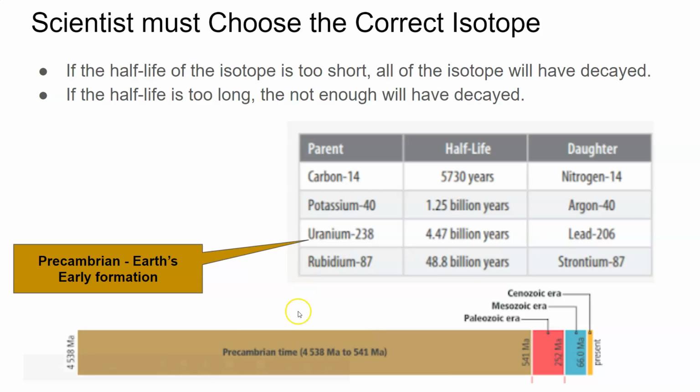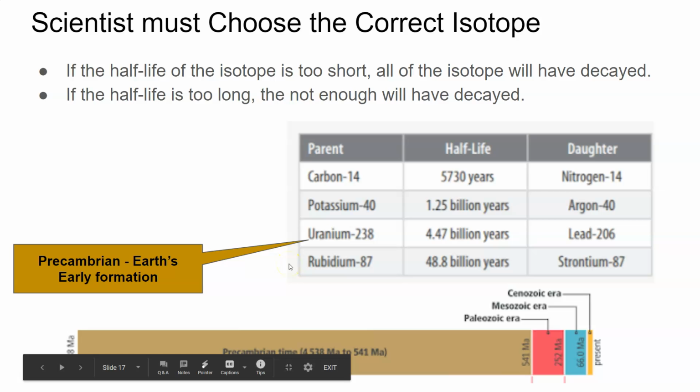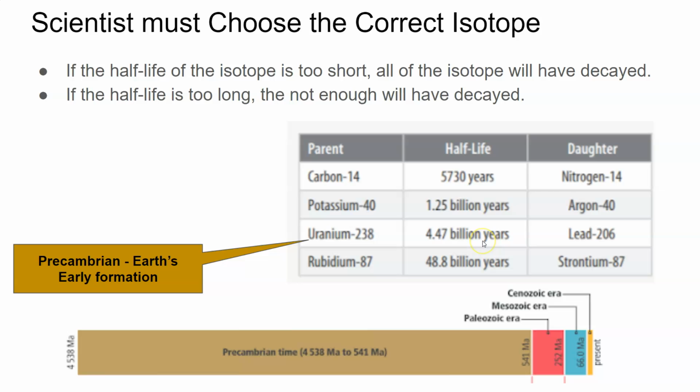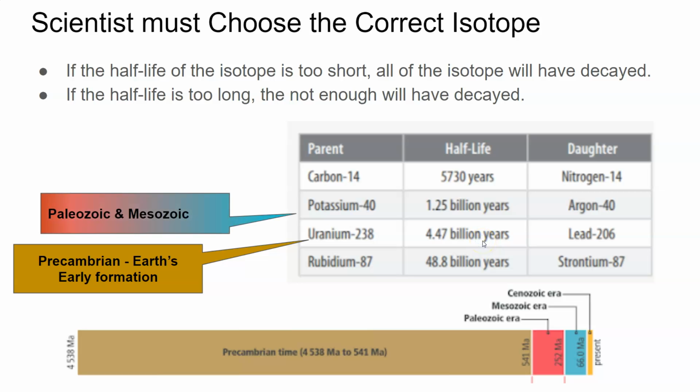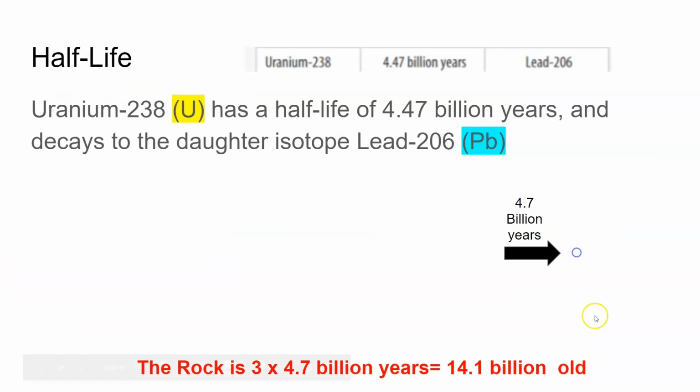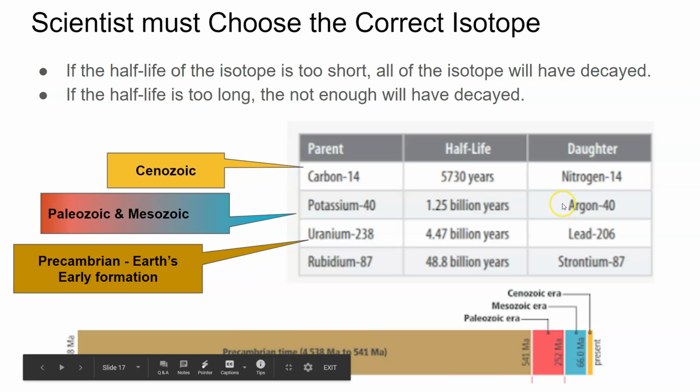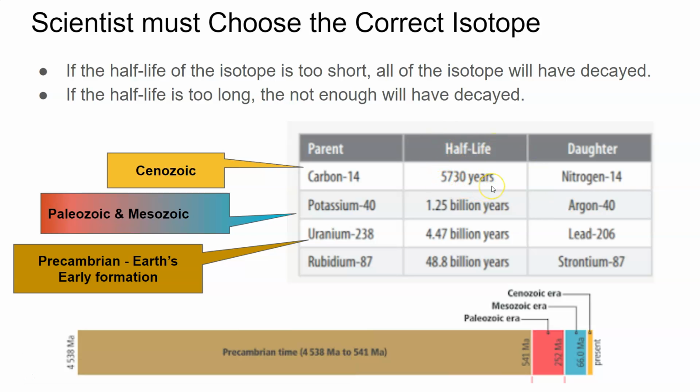If you want to study something from the Precambrian era, you're going to use uranium because its half-life is just the right amount. If you want to study something from the Paleozoic or Mesozoic, you're probably going to use potassium-40 because its half-life is, again, not too long, not too short. And if you want to study something from the Cenozoic, you would use carbon-14 because, again, its half-life is perfect.